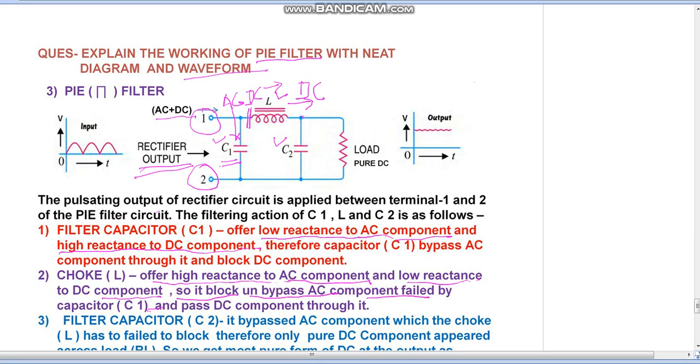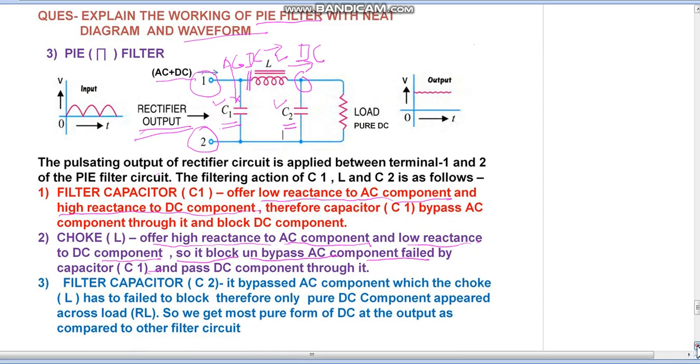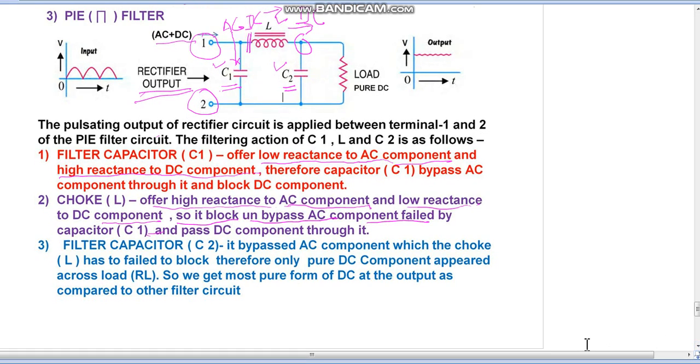Now at this point, the second filter capacitor C2's filtering action is that it bypasses the AC component which the choke has failed to block.